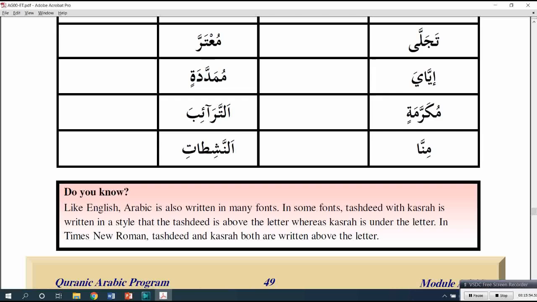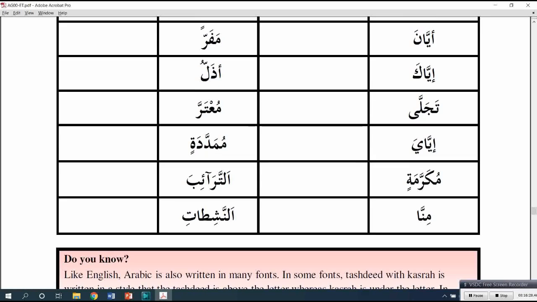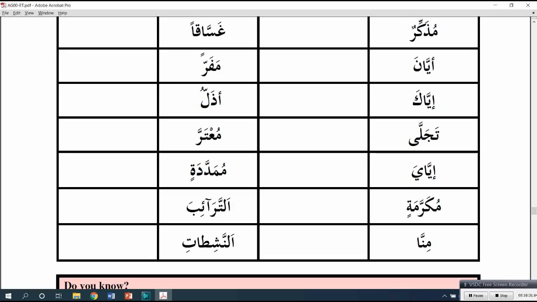But if you see some other Arabic font, the Kasara will be under this one, in this way. Right now you can see that in most of the examples they appear in that way. This is the normal style of the Tashdeed, like mufarran, mufarran. So please note it in that way and you can listen in the right way.